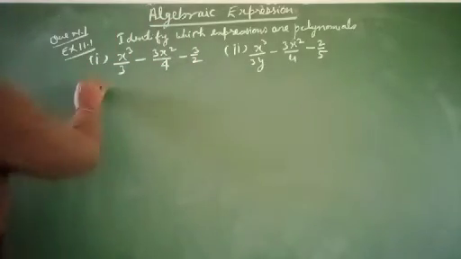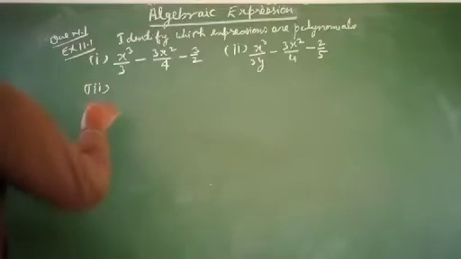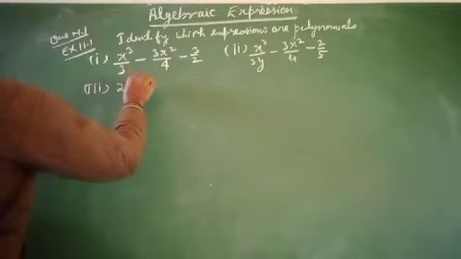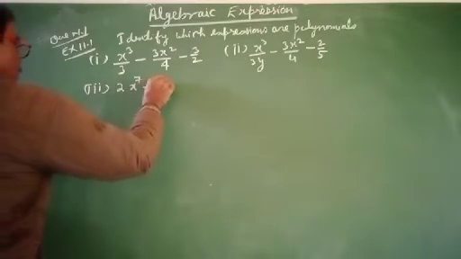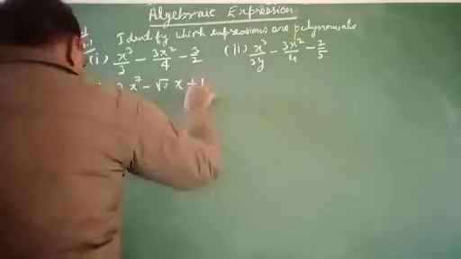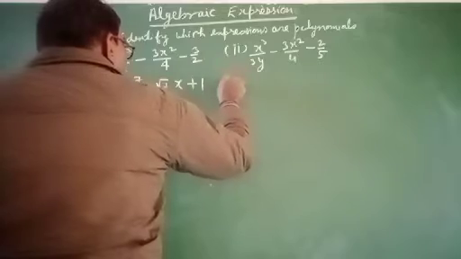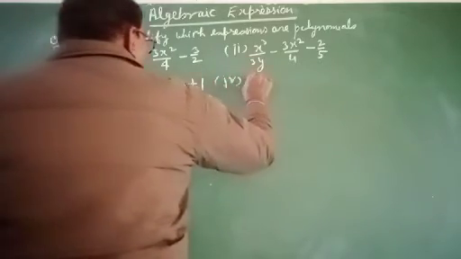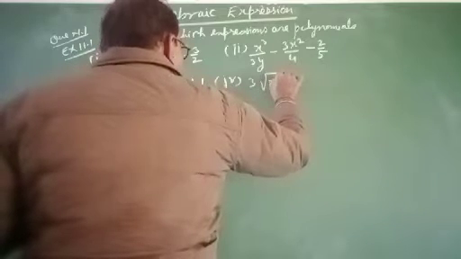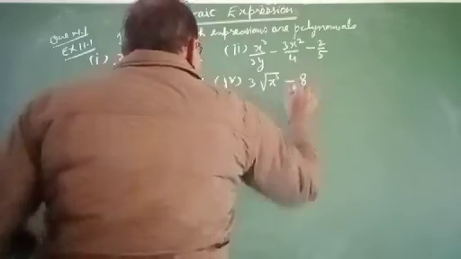The third is 2x to the power 7 minus root 7x plus 1. And the fourth is 3 square root x cube minus 8.